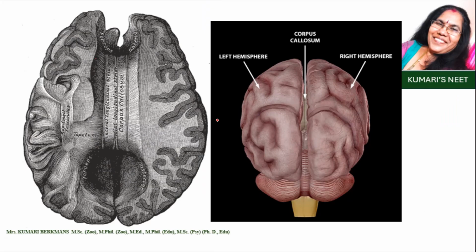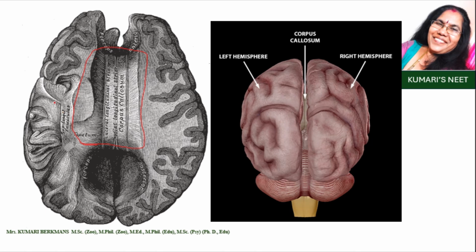See, this is the left hemisphere and this is the right hemisphere, and these two are connected by a bundle of nerve fibers. You can see it at the middle, at the base.